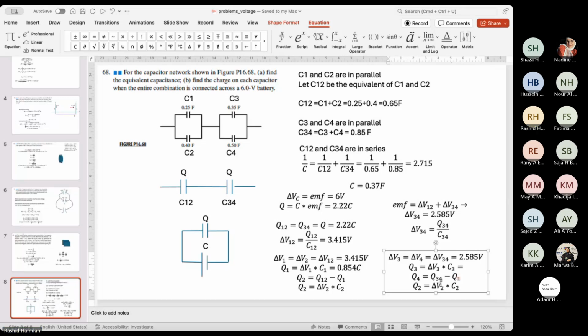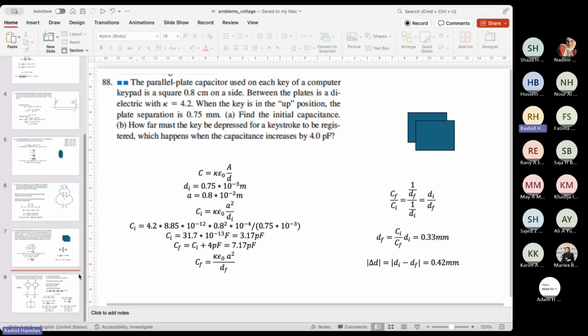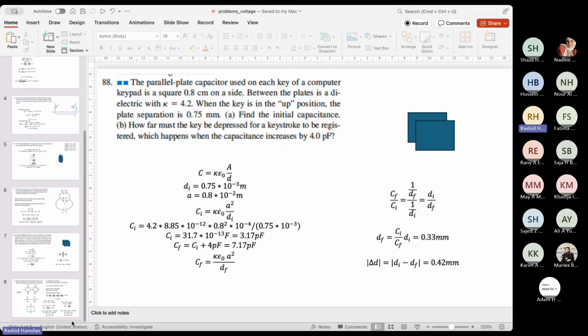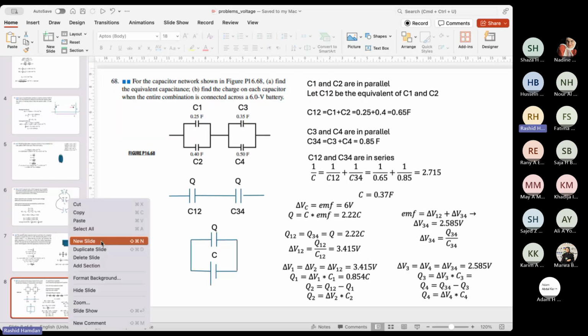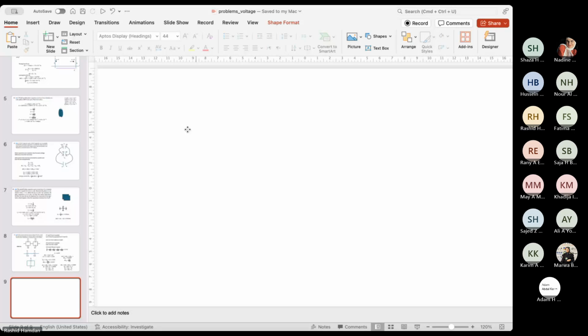Or we apply that for 4. Okay, let's find another problem that we can solve for this combination of capacitors.